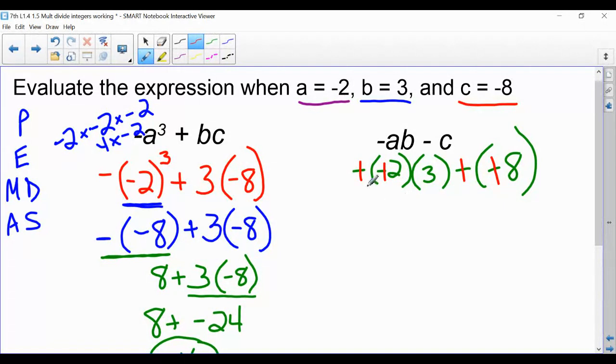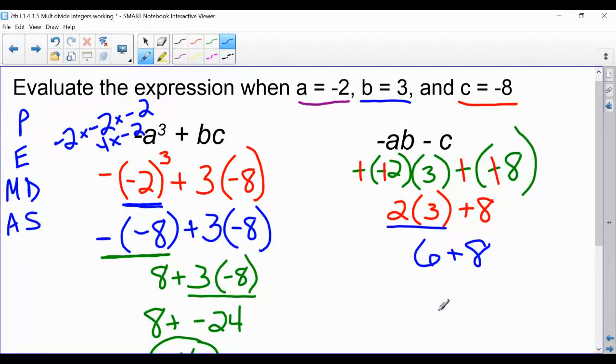So when I rewrite it, I now have 2 times 3 plus 8. Kind of simplifies it some. So if we look at our orders of operations, there's no parentheses, there's no exponents, there's multiplication and division. First, I have 2 times 3, which is 6. Bring down plus 8. And 6 plus 8 is 14.